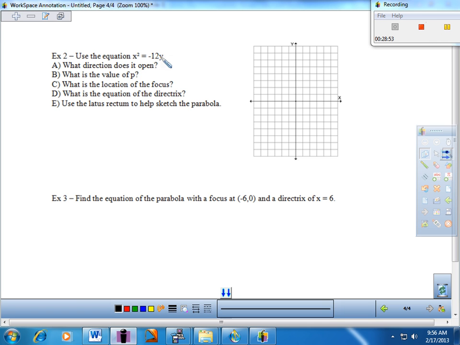So negative, vertical, it's got to be opening down. So let's go ahead and put that down here. It's opening down. So here is our vertex, right at the origin, and our parabola is going to open down from there in some way, shape, or form.